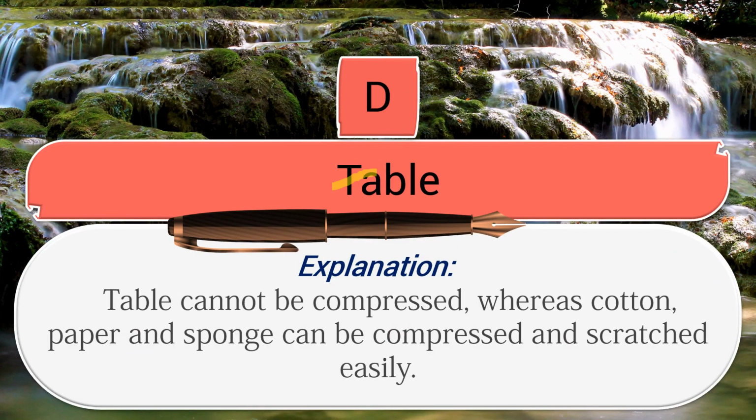The answer is table. Table cannot be compressed, whereas cotton, paper, and sponge can be compressed and scratched easily.